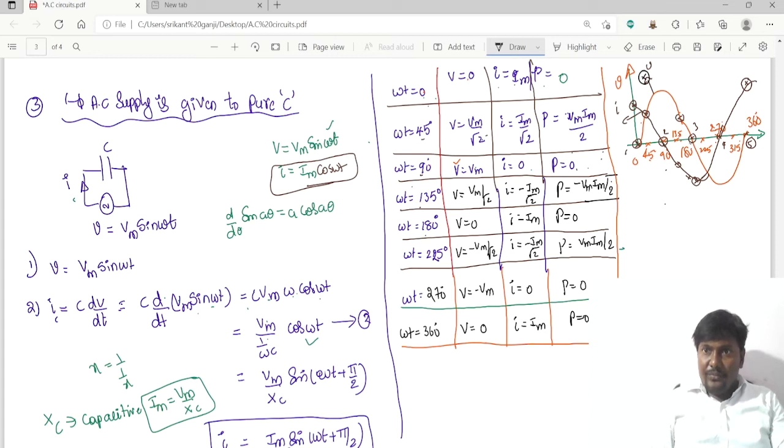This one is 0. At 135 you will see one is positive and another one is negative, so obviously the power is minus Vmax Imax by 2. Set this position. So this is the waveform.